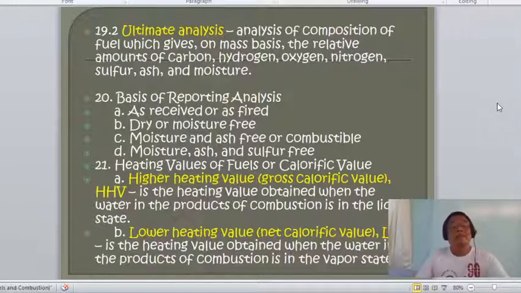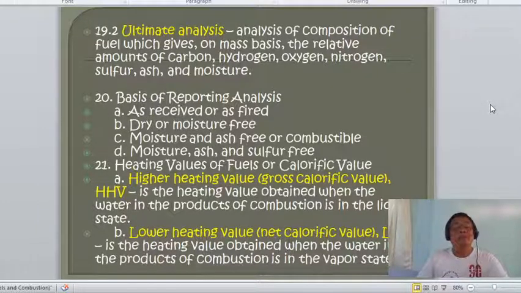Okay? Another is the heating values of fuel or calorific values. So this is also divided into two. One is the higher heating value or gross calorific value and the lower heating value or the net calorific value. So what is a higher heating value? The heating value obtained when the water in the product of combustion is in liquid state.